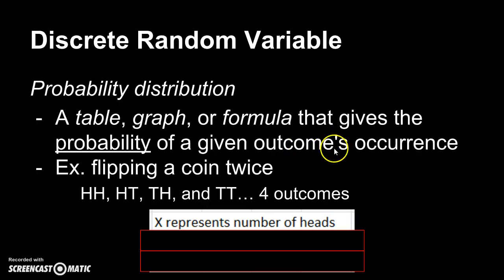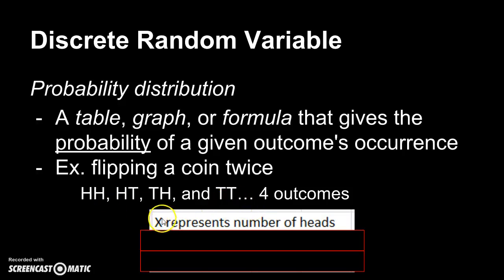Let's look at an example. Let's say today I flip a fair coin twice, and I record the outcomes. We can have a total of 4 possible outcomes. We can have a head the first time and a head the second time, a head and then a tail, a tail and then a head, or a tail and a tail. So these are the 4 possible outcomes.